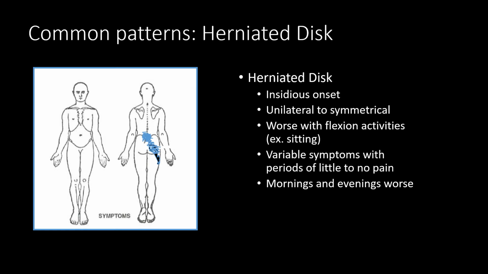I mentioned before in our first lecture that mornings are typically the worst for individuals with lumbar disc herniations. Part of it is that with lying down and being recumbent, the disc imbibes fluid. And so if we look at the size of a disc in the morning compared to 8 or 10 hours earlier, the disc appears to be larger. And if you look at this imbibing of fluid, everything's a little bit bigger and there's a little bit more pressure on some of those pain-sensitive structures in the region.